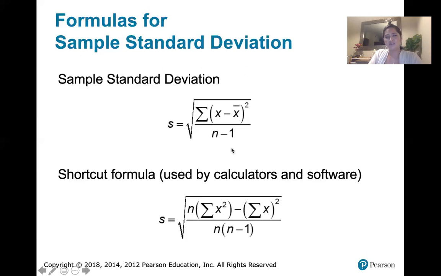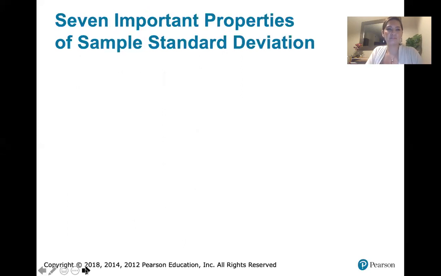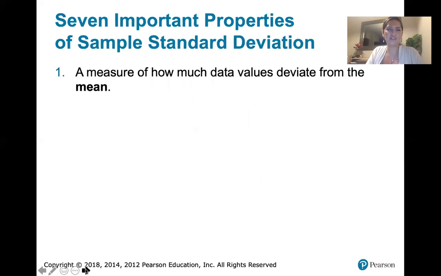And this first version of the formula, even though it's more difficult to use, really illustrates that, because you take the deviations, you square them, you add them together, and then this act of squaring them and then taking the square root, they almost undo each other, but not quite, because you're adding them together and then dividing by n-1 before you take the square root. But that's giving us some measure of how much those values deviate from the mean, and it's treating all the deviations as positive, whether that x value is below the mean or above the mean.